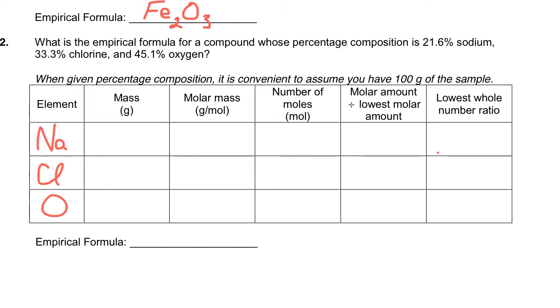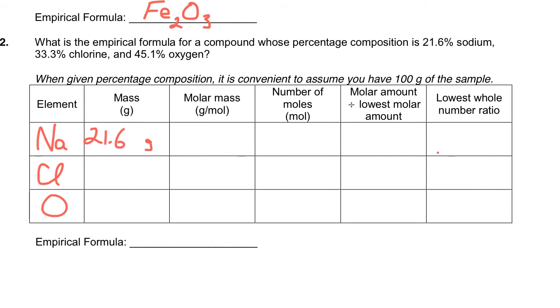So for this, let's just pretend that we have a 100-gram sample. If my sample is 100 grams, how many grams of sodium would there be? Well, it's 21.6% sodium. So that means in a 100-gram sample, we would have 21.6 grams of sodium. So I can just fill in my chart like that.